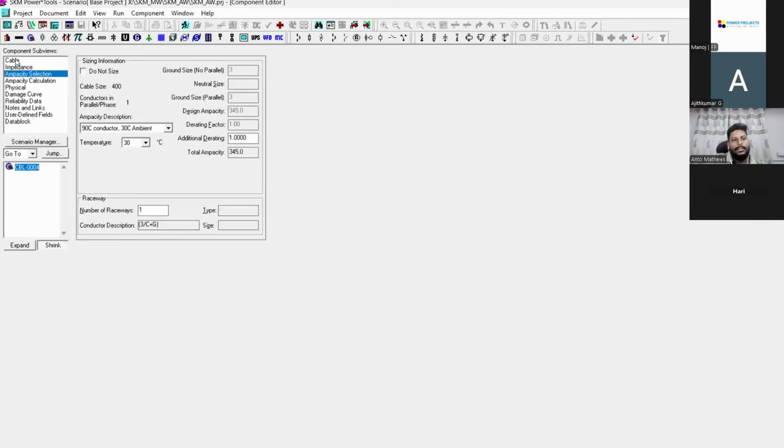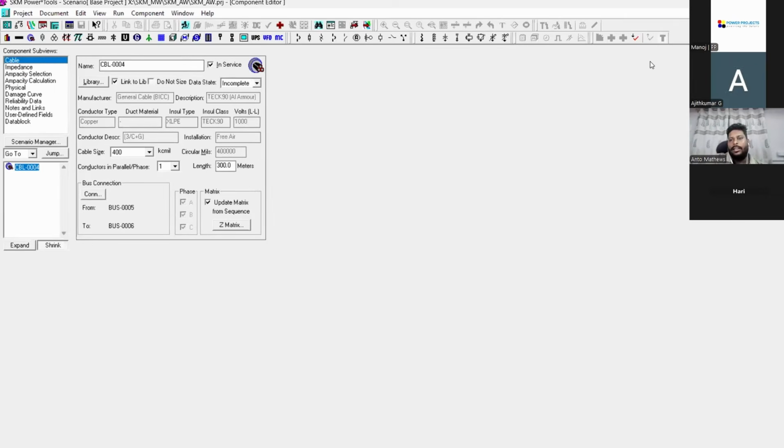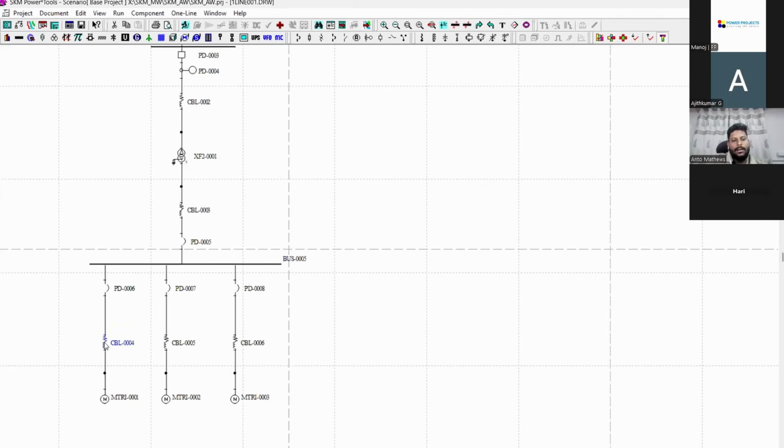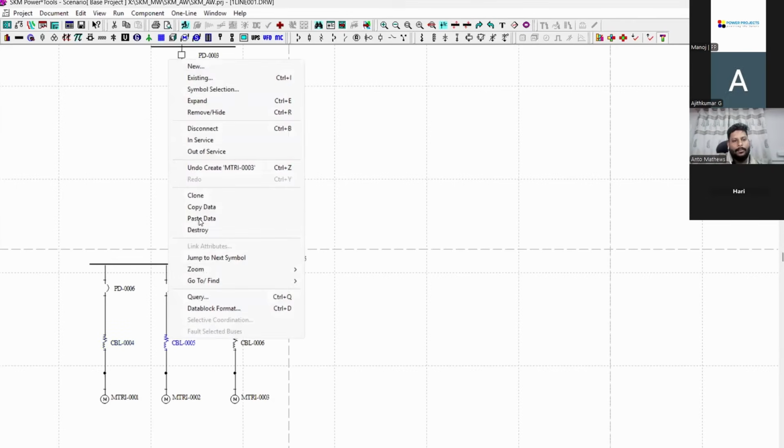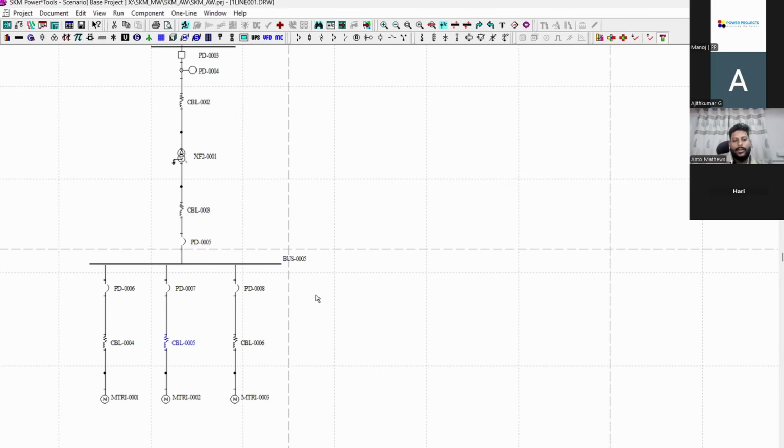I hope it is enough for my system to handle the current from the motor. Now I can copy this data and paste it in the remaining cables. So now I was done with the cable data model.